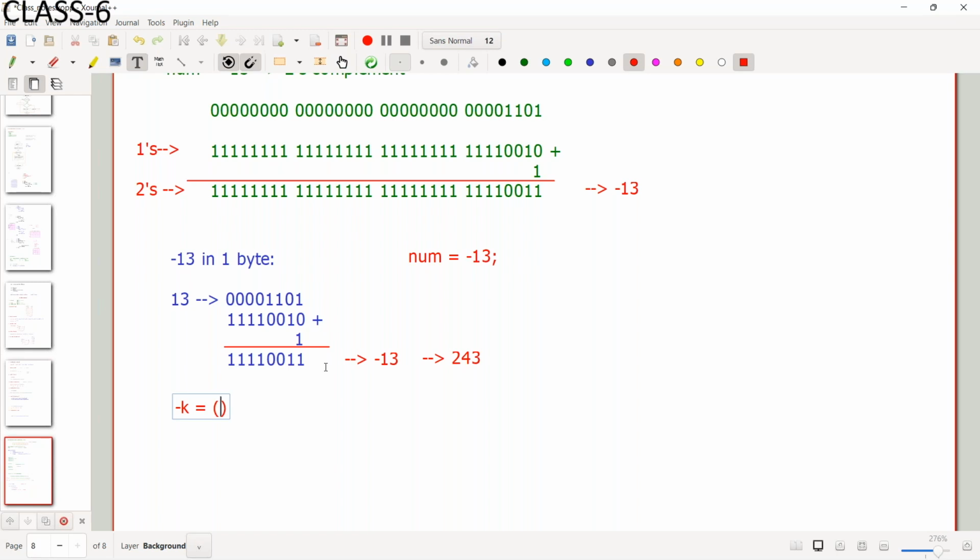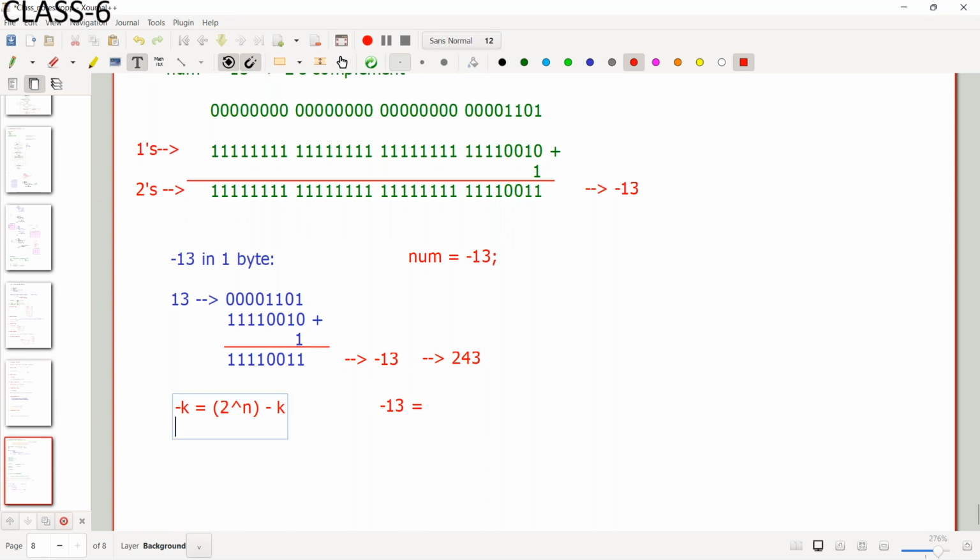It will get stored as 2 power n minus k. In this case, negative 13 is stored as 2 power n minus 13.